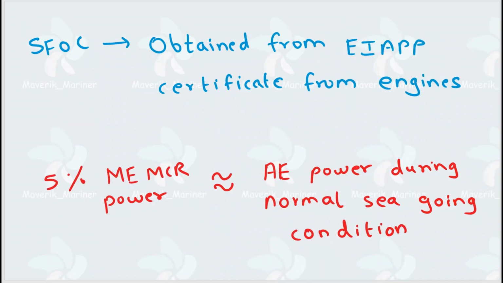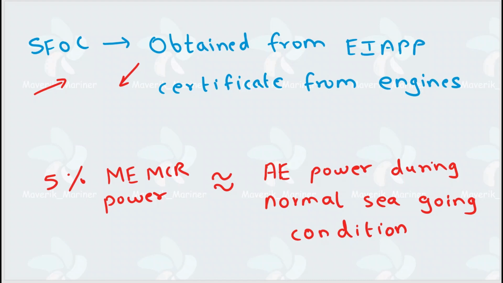Now SFOC can be obtained from the EIAPP certificate, which is different for each engine. I mean, each engine will have its individual EIAPP certificate. Now, why this 5% MCR power?